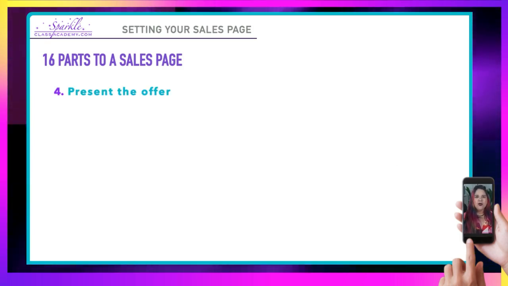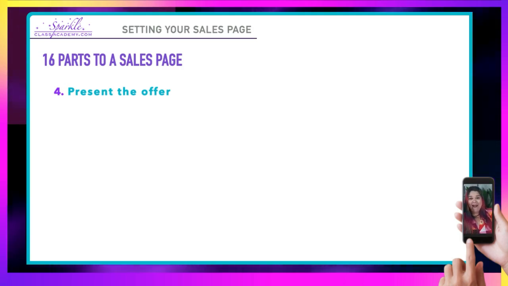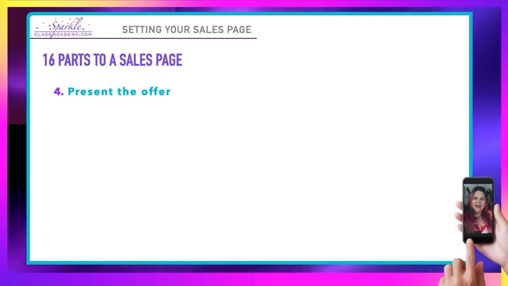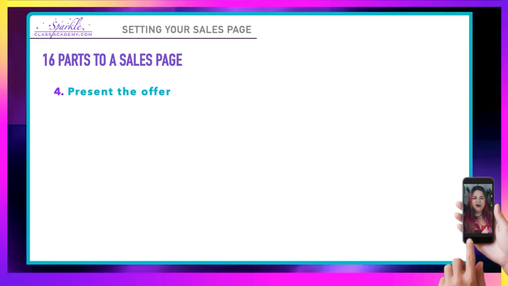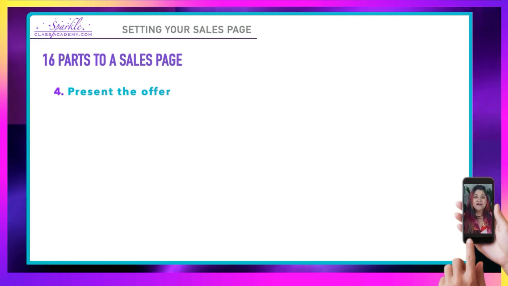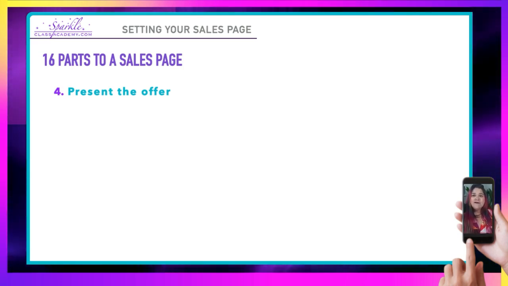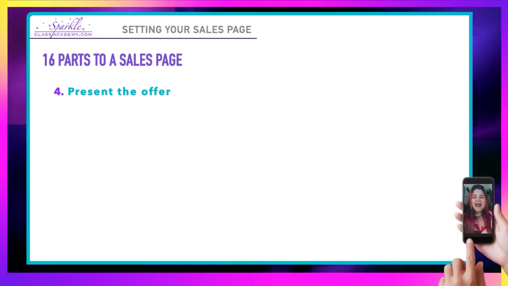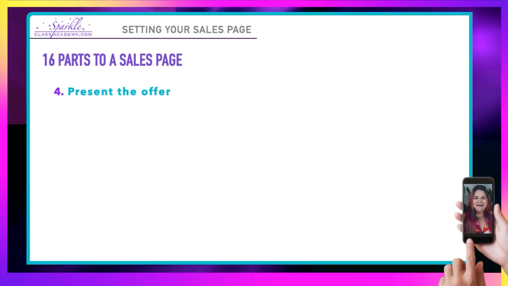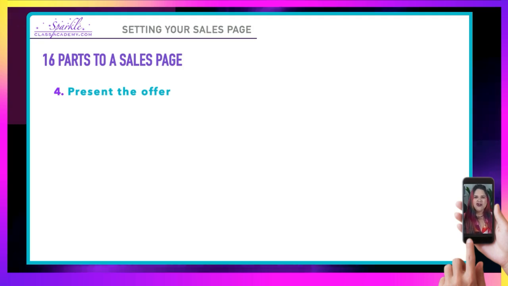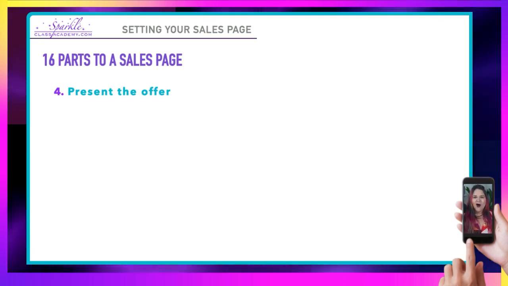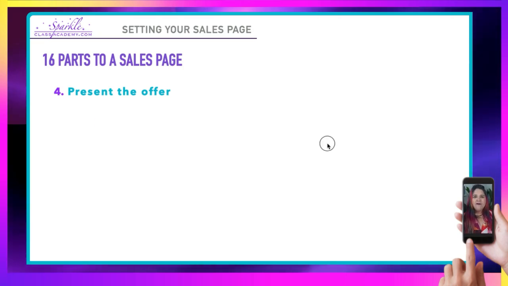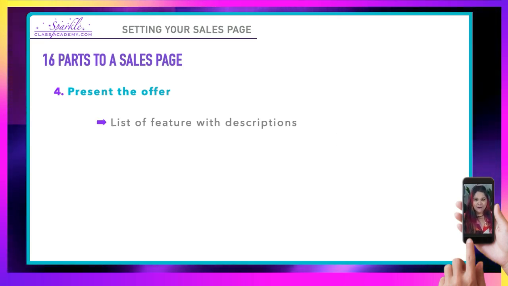This is now where you've told them, hey, check out this page with a good solid headline. Okay, you've told them who it's for, who it's not for, and now you've lined up these people who you want to work with, and now it's time to present the offer. This is where you're going to introduce a new and an exciting opportunity for them to take action on.